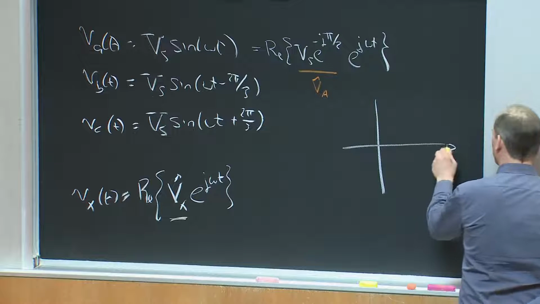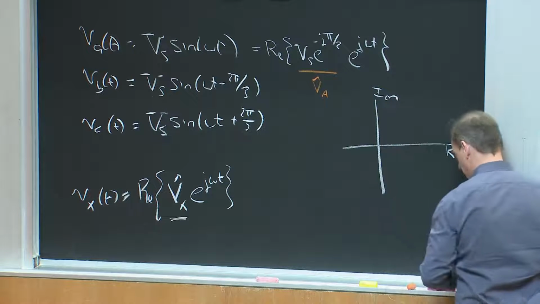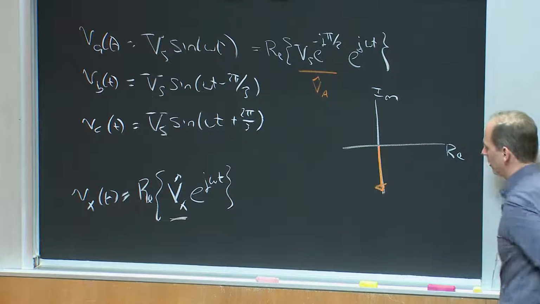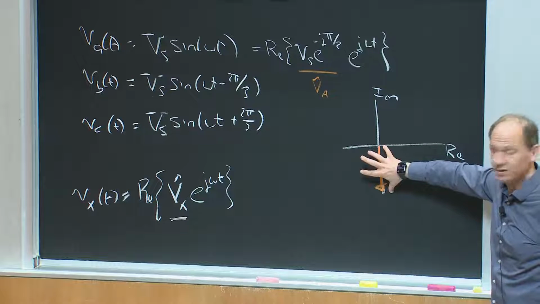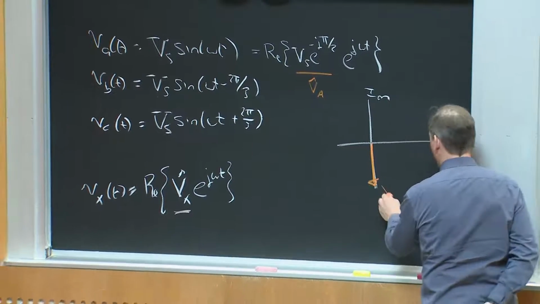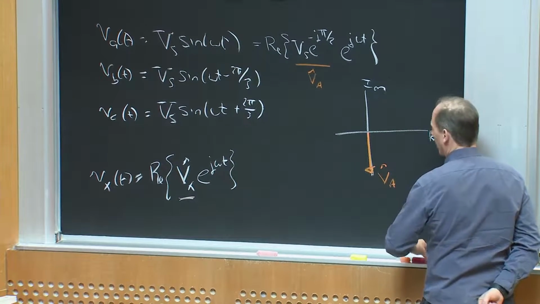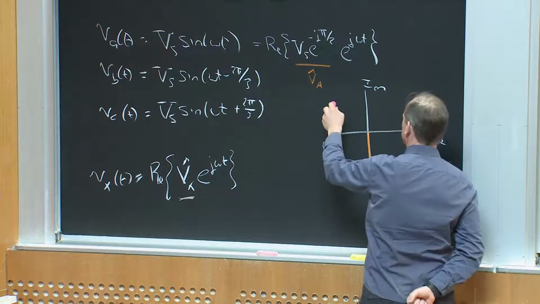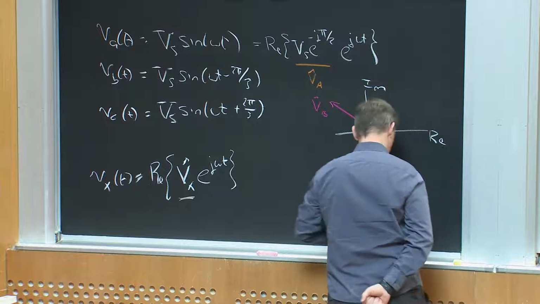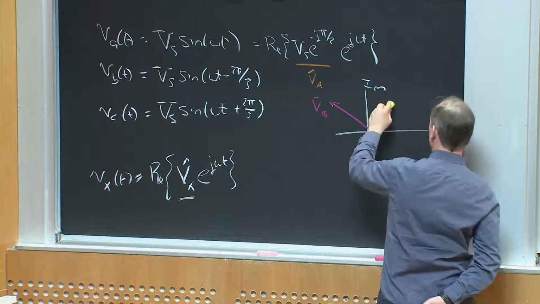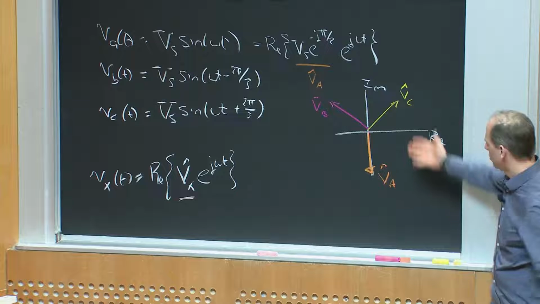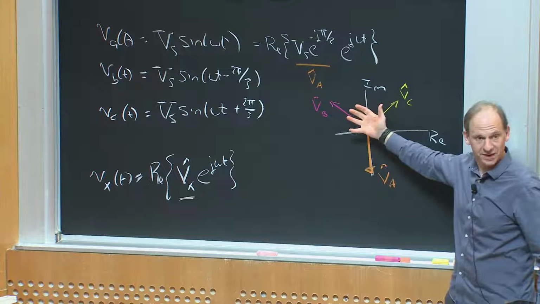So on the complex plane, it might look like this, where it has an angle of minus 90 degrees with respect to 0 and an amplitude of Vs. And if this was VA hat, then I could have VB hat here, and VC hat here. And so that's a snapshot of the magnitude and phase of each of these.